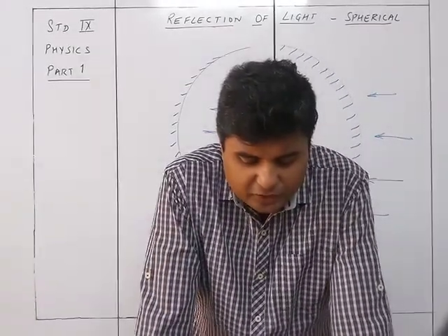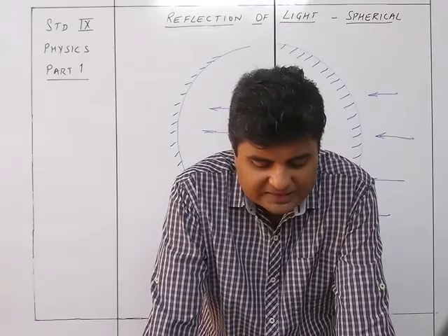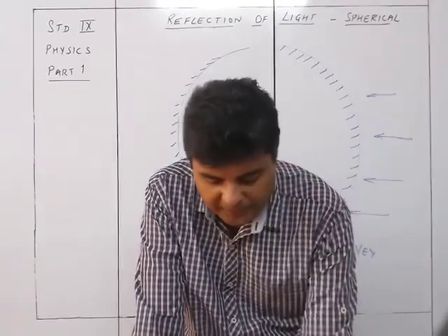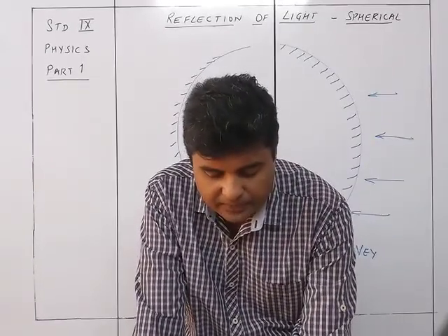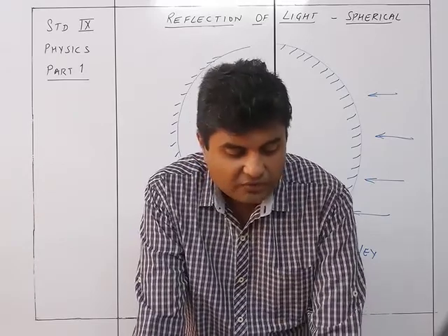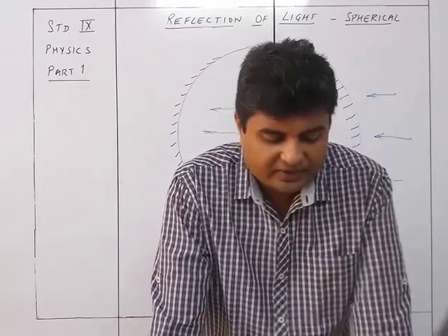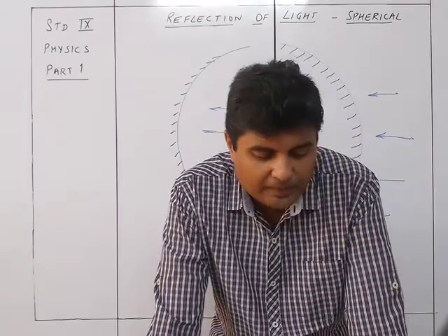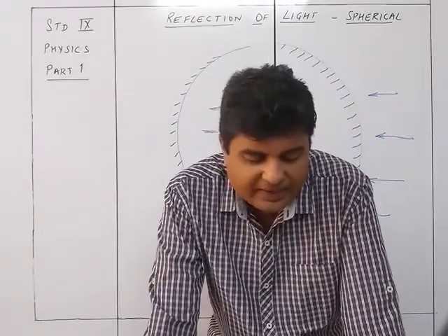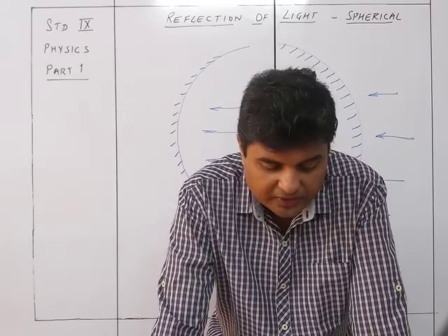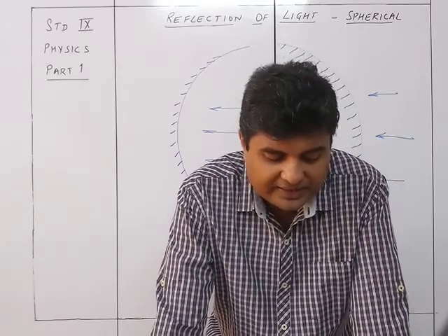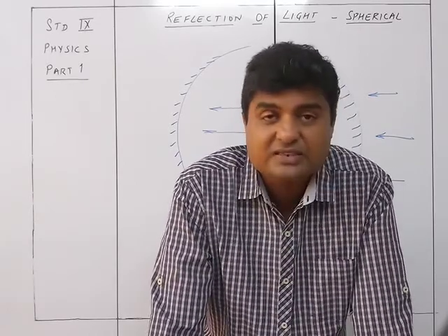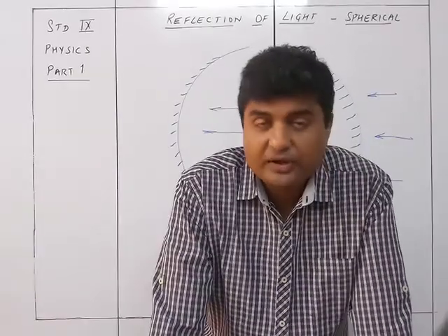A concave mirror is made by silvering the outer or bulging surface of the piece of hollow sphere such that the reflection takes place from the hollow or concave surface, as shown in the figure. A convex mirror is made by silvering the inner surface of the piece of the hollow sphere such that the reflection takes place from the outer bulging surface, as shown.